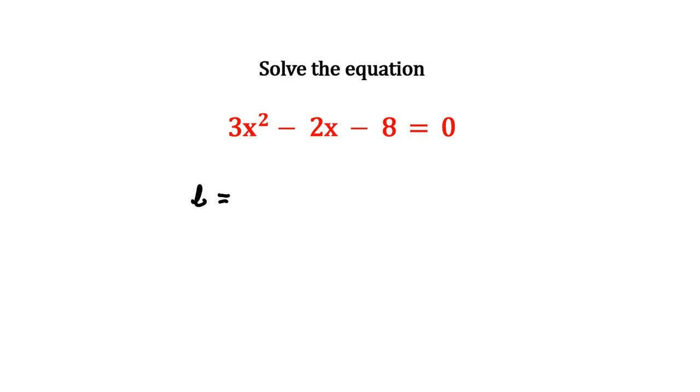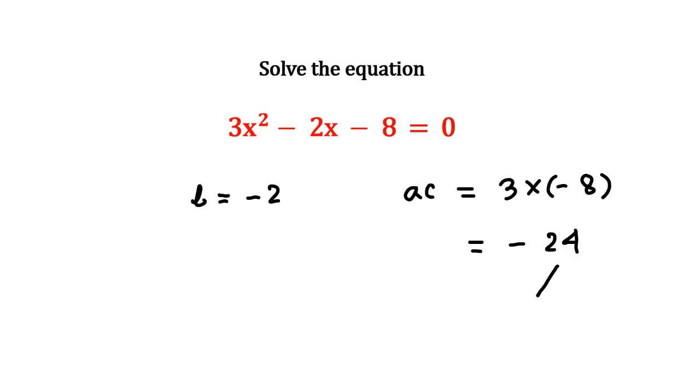b equals minus 2 and a times c equals 3 times minus 8 equals minus 24. Now we have to choose two factors of this minus 24 in such a way that if we add or subtract those factors, we'll get a value equal to b.